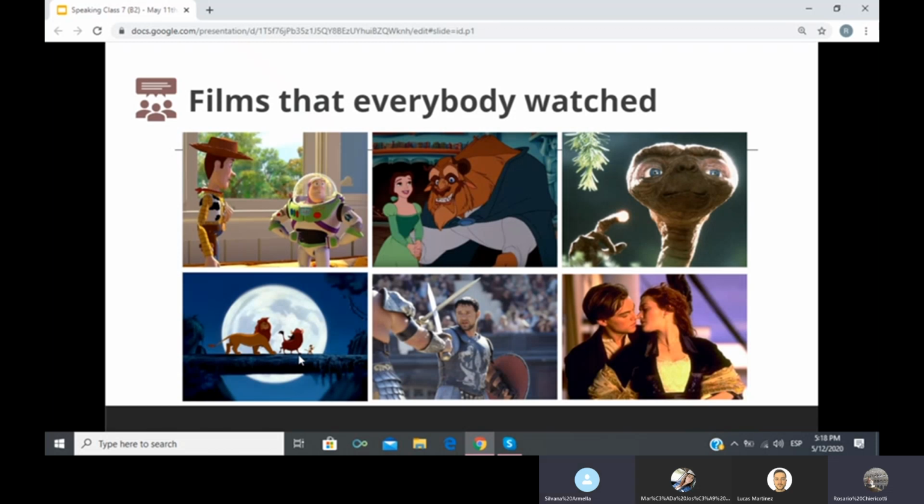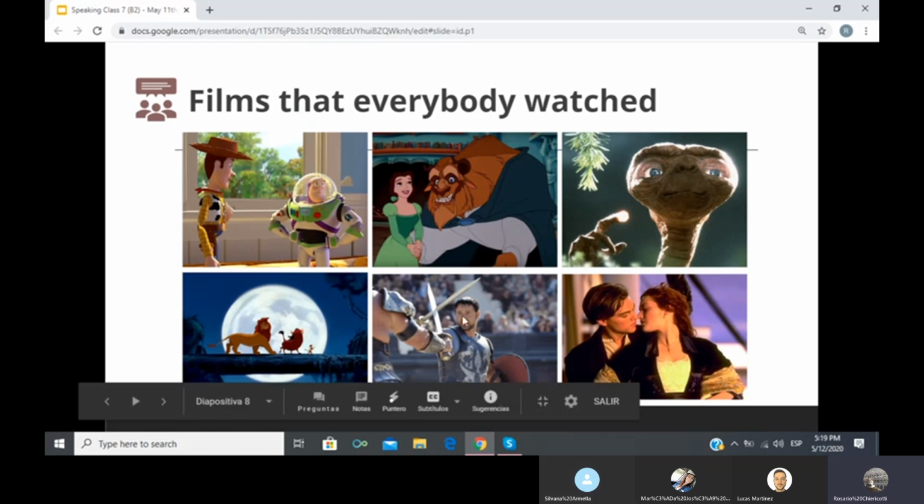When Simba was born and Rafiki presented him to the other animals. Very good. So when Simba was born, the monkey, I don't remember his name, presented him to the other animals, right? Yes. Very good.